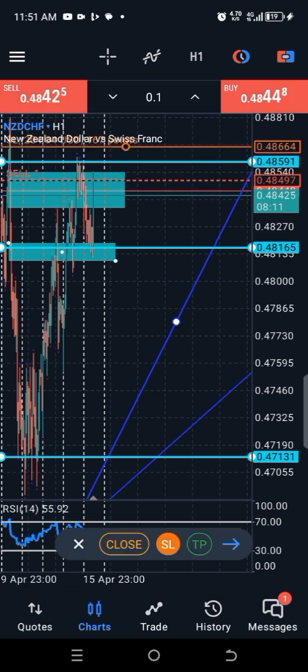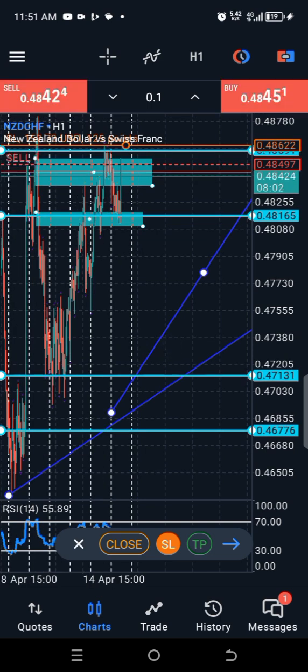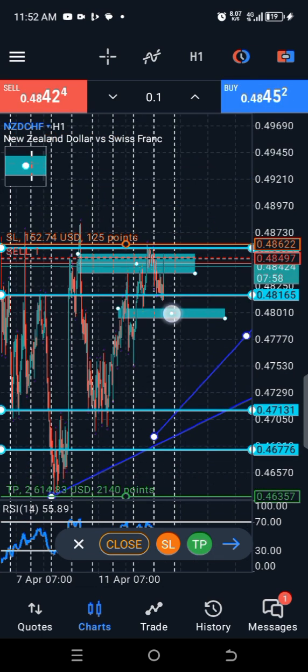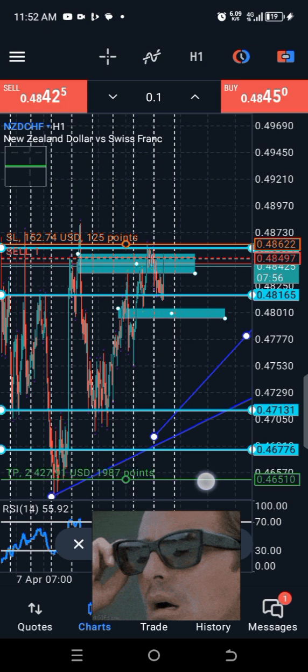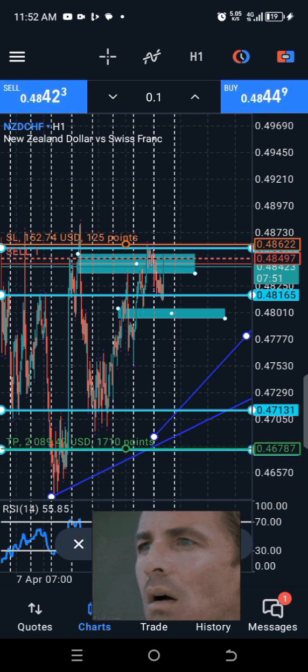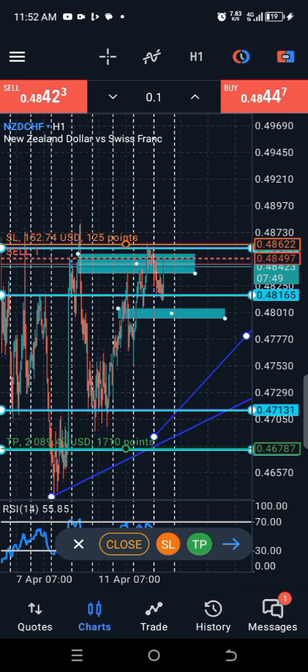Stop loss, yes, just above these wicks, right? There are some wicks here. So about 152 to a profit of 2600. No, yeah, around, let's say 2000, right? Which is a good risk to reward ratio, in my opinion.